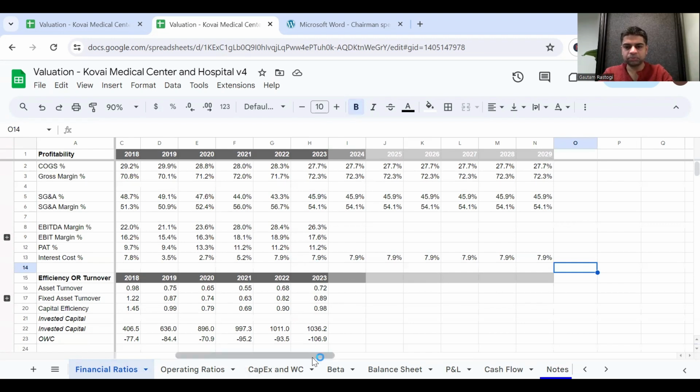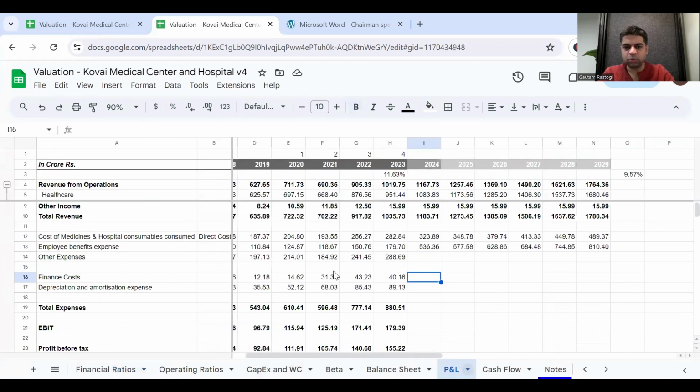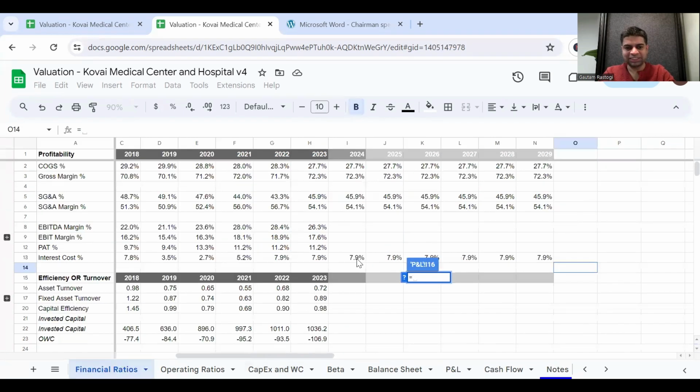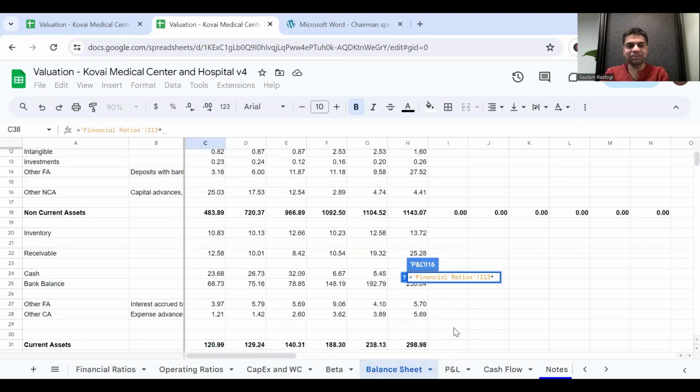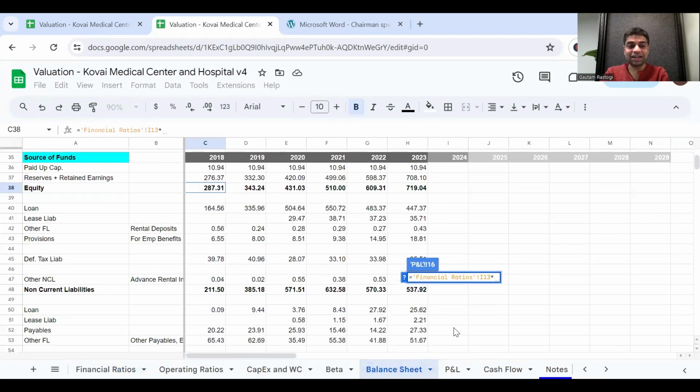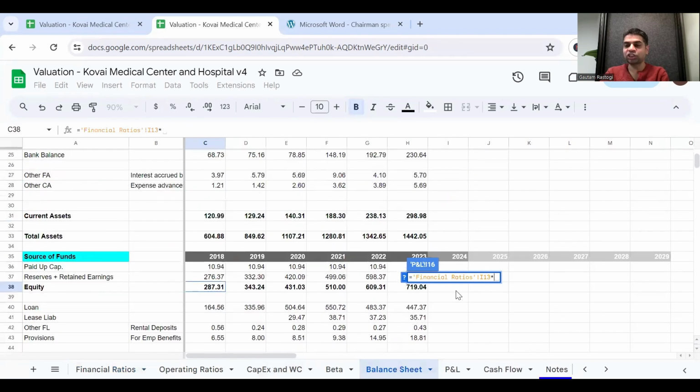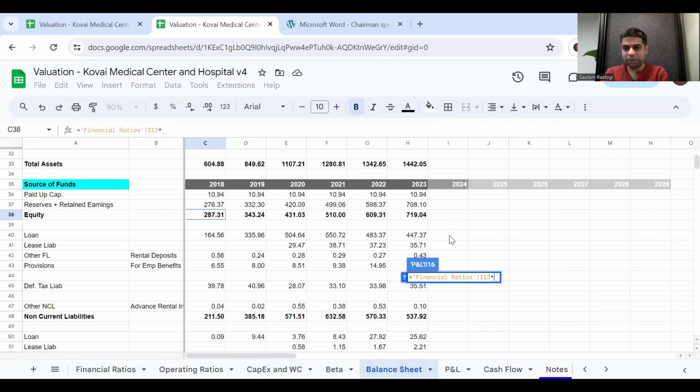All right. So now let's go back to the P&L and use this. So it's 7.9%. What do we multiply it with? We need to multiply it with debt, right? But we haven't modeled the future debt just yet, because the balance sheet is not complete. So you know what?